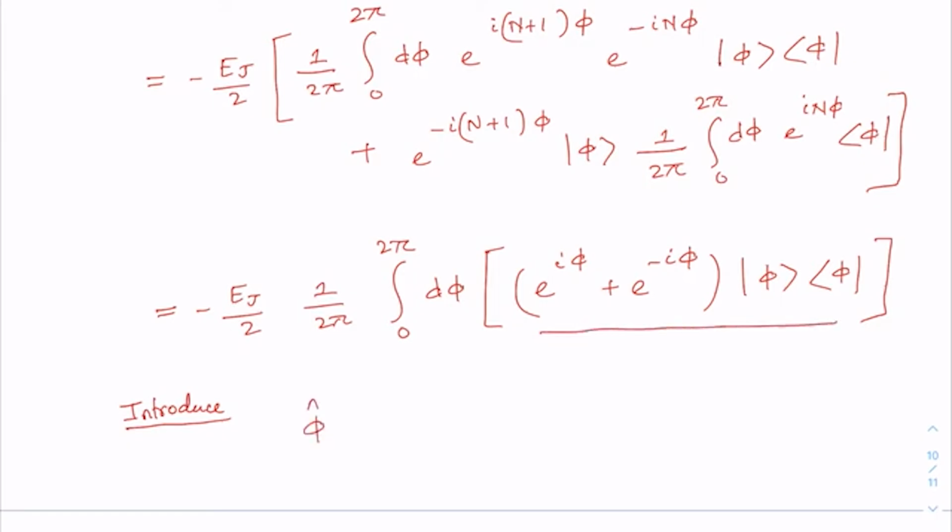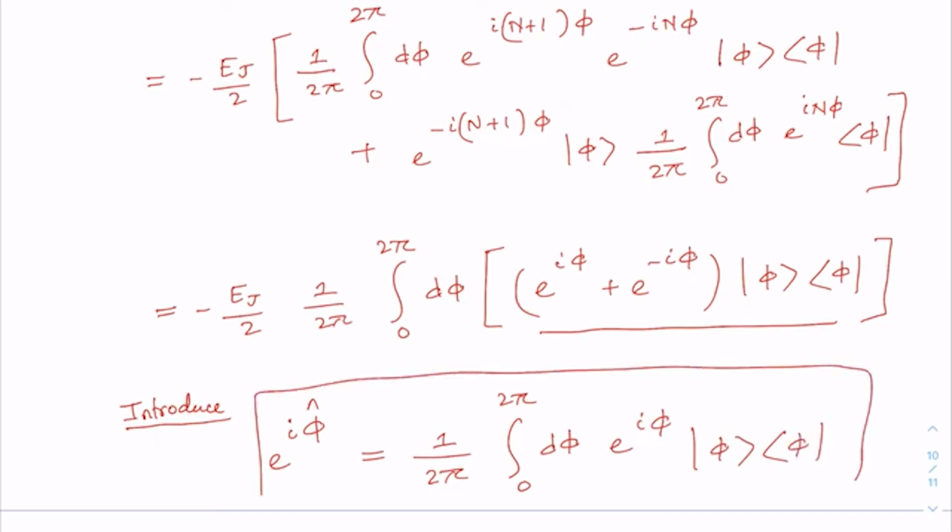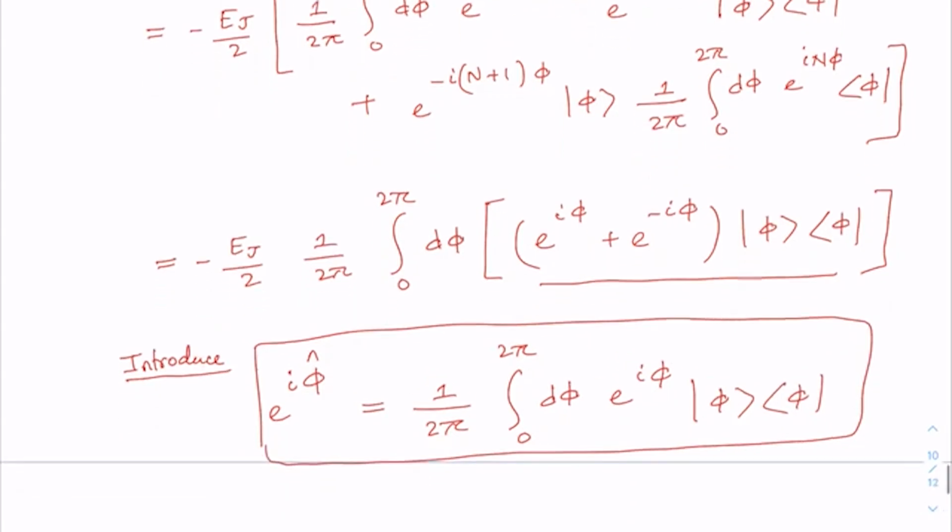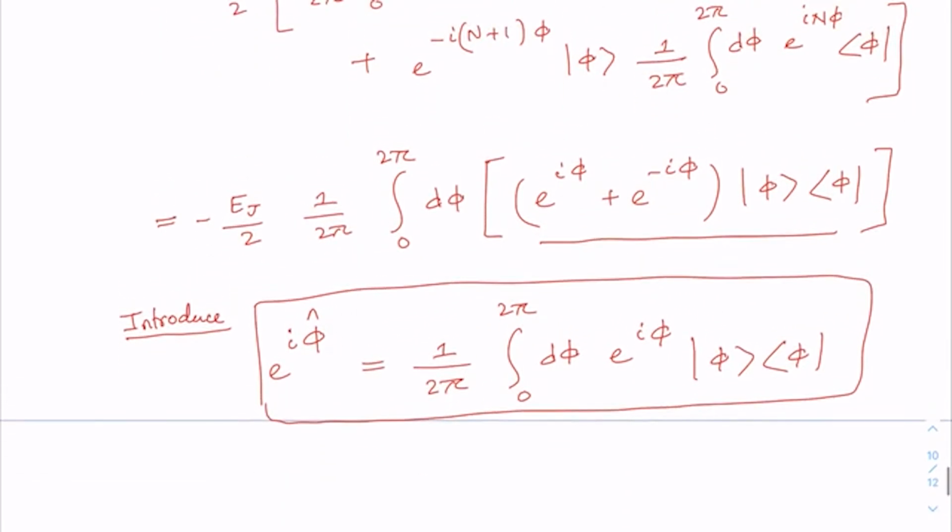If I define the quantity 1 by 2 pi, integral from 0 to 2 pi d phi e to the power i phi, ket phi bra phi, as the operator e to the power i phi cap, then you can easily see that this Hamiltonian can be written in a simpler, compact form: minus E_j cos phi cap.